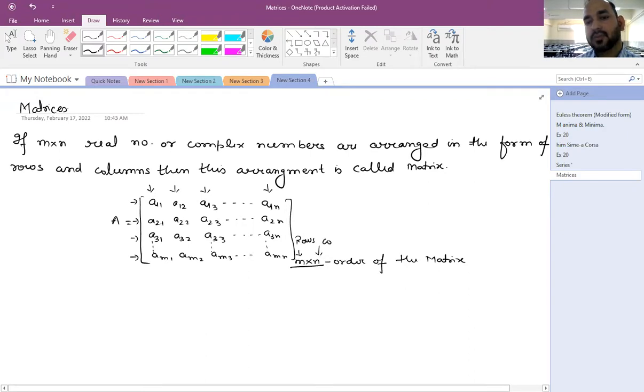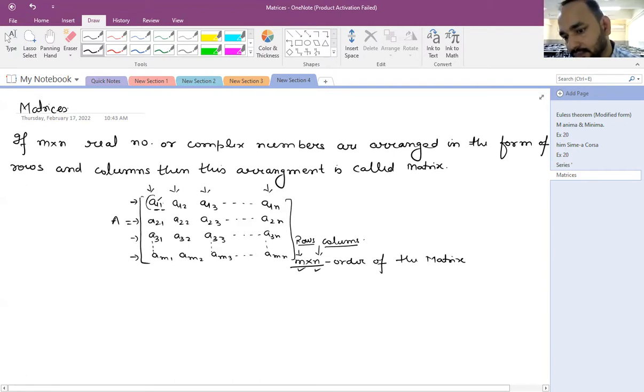When we talk about the order of matrix, the first number represents rows and the second number represents columns. In fact, here the suffix says A11. So the first number tells the row position, that it is in the first row, and the second number tells the column position.